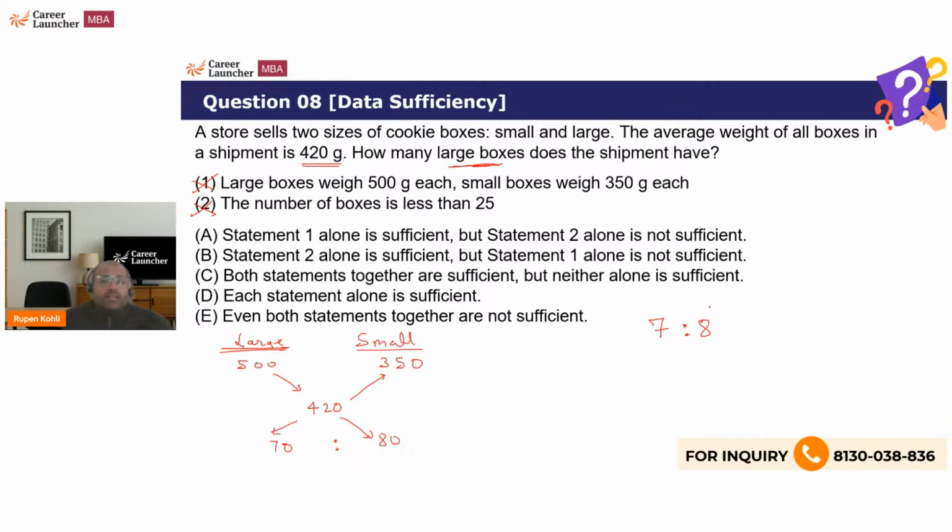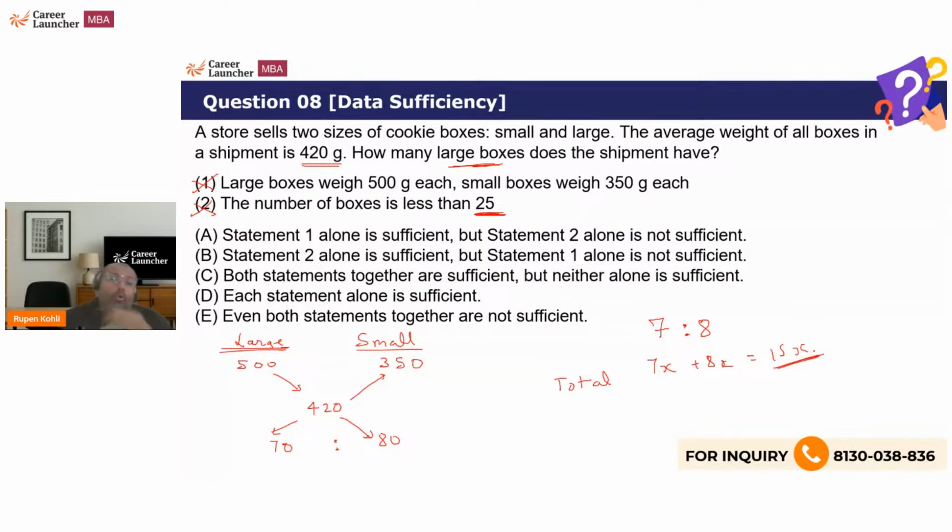If it's a ratio, the number of large boxes should be like 7x, and small boxes 8x, and 7x plus 8x, which is total boxes, should be 15x. Total boxes are less than 25, so what we are able to conclude is that they should be a multiple of 15.